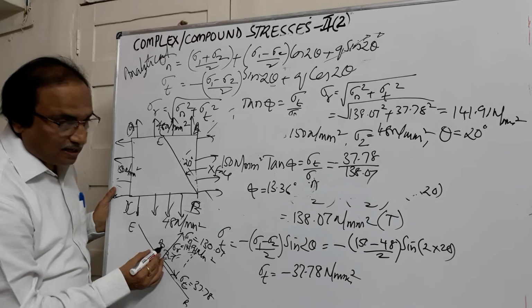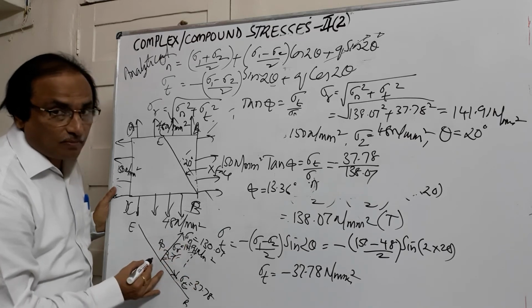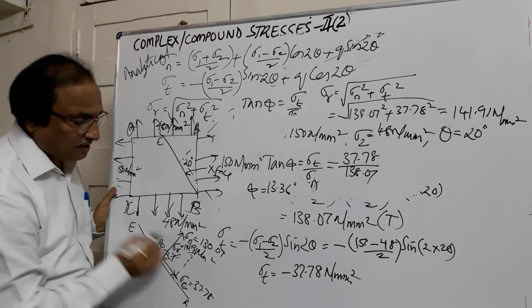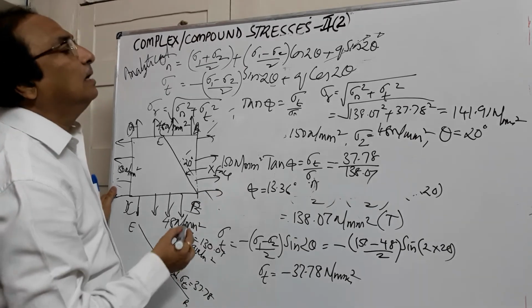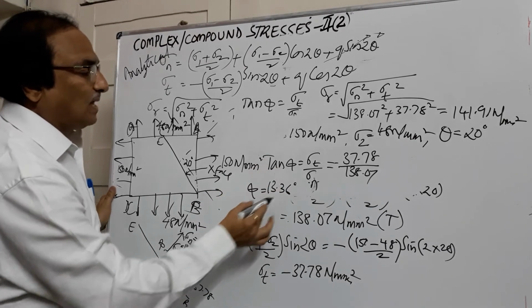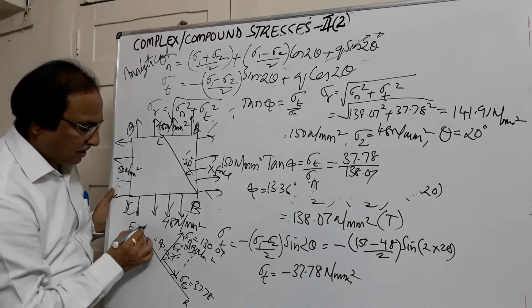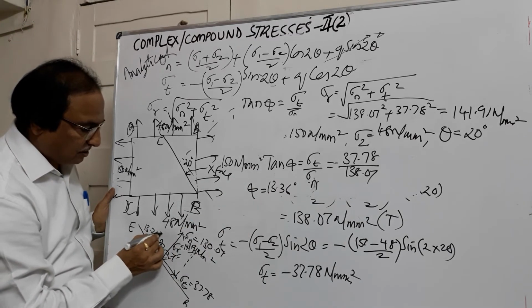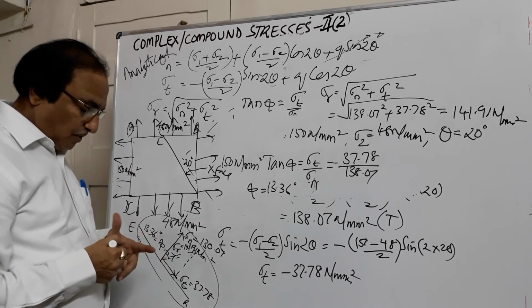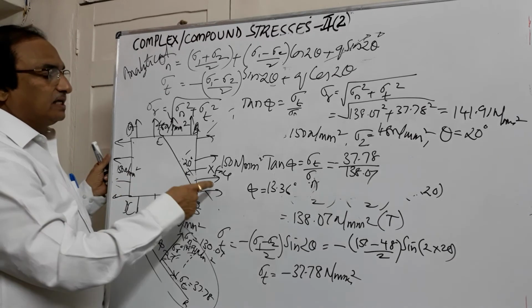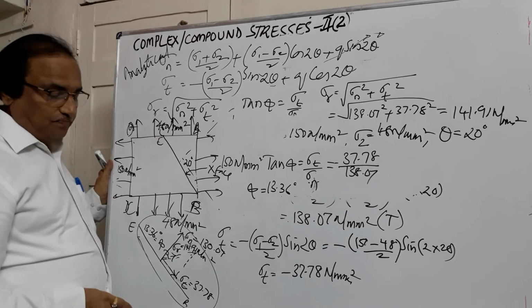Phi is the angle made by the resultant with the normal. This angle is phi, and the value is 13.36. If you are able to draw this, you can very easily solve the problem. In this problem, you have got only sigma 1 and sigma 2.